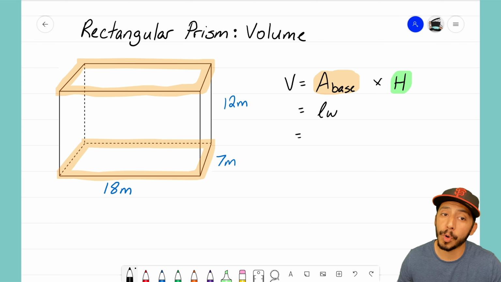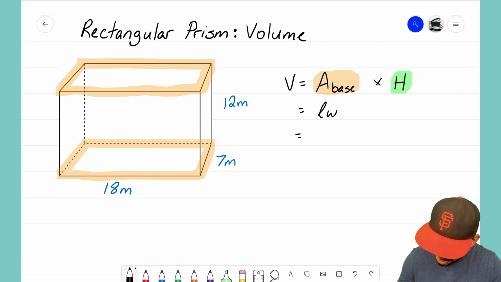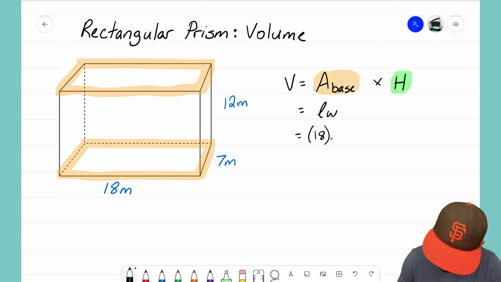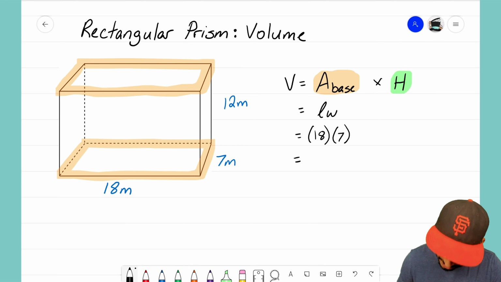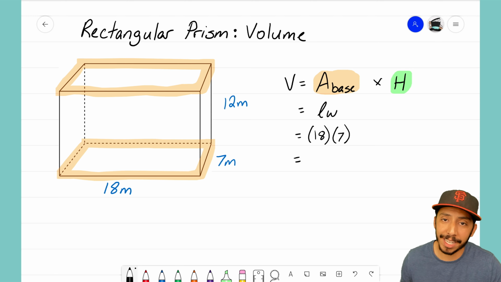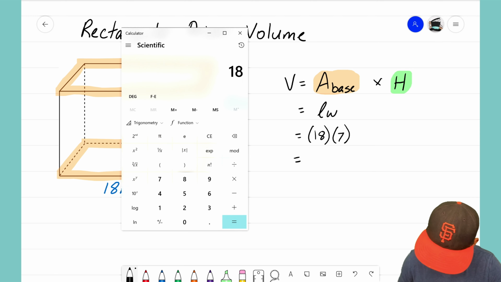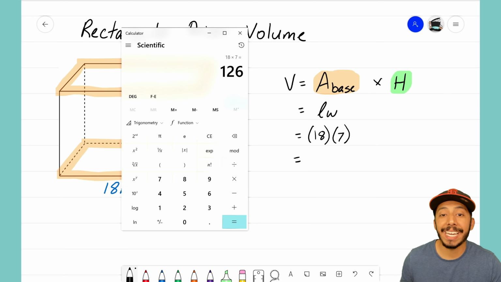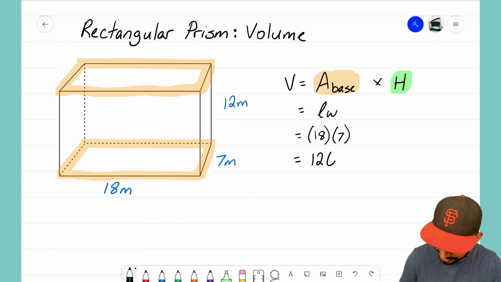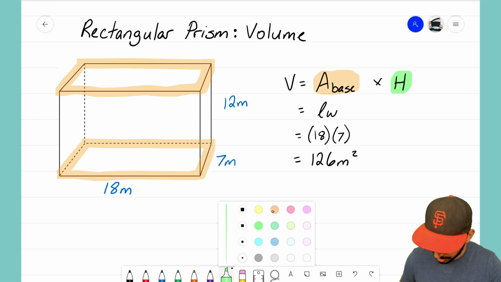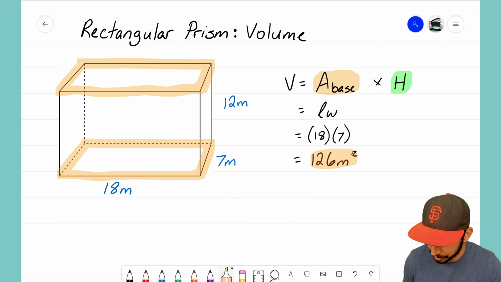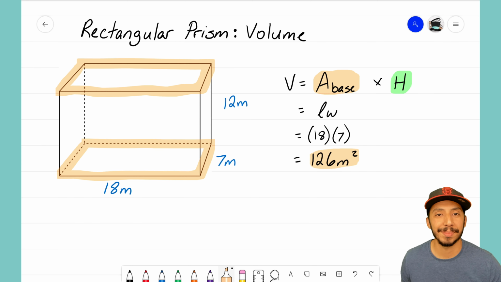Again, this is the area formula for a rectangle. I'm going to take 18 and multiply it by 7, and I'm going to find out that the area of this rectangle is 126 meters squared. That is the area of our base shape for this prism.